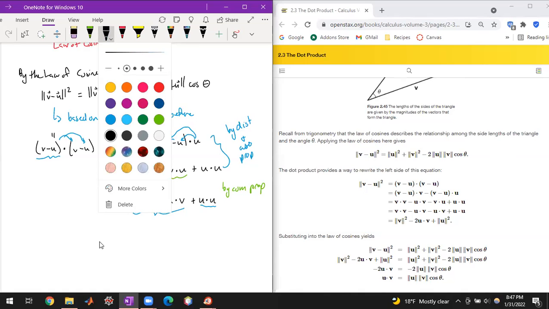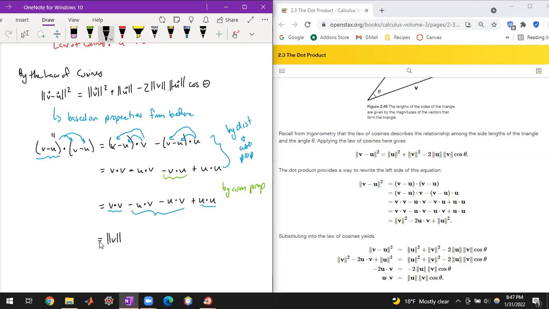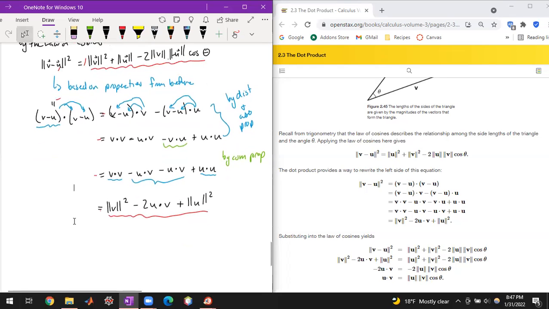So we get that this is equal to the magnitude of v squared minus 2 u dotted with v plus the magnitude of u squared. All right, so let's go back. This whole expression equals this whole expression. Okay, so let's put it together. Now, on the left-hand side, we have the magnitude of the difference of v minus u squared.